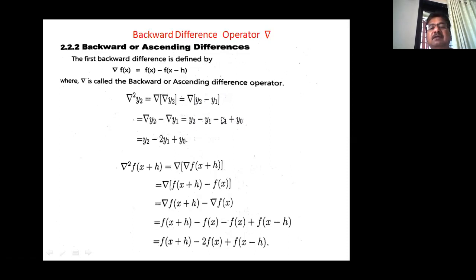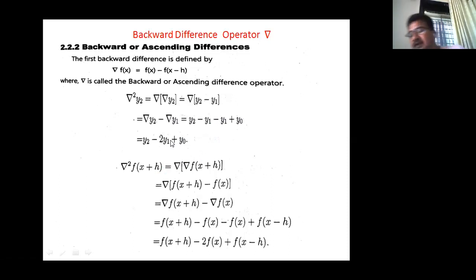What is del y1? It is y1 minus y0. Because of this negative sign, we have minus y1 plus y0. Then adding the middle two terms, we have y2 minus 2y1 plus y0. So this is del square y2.